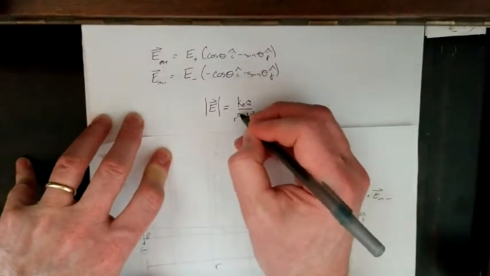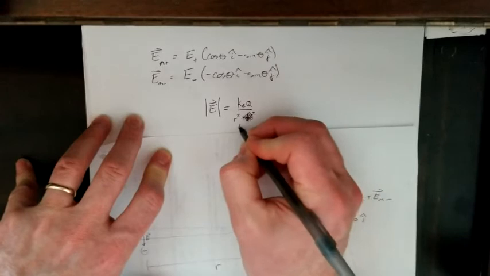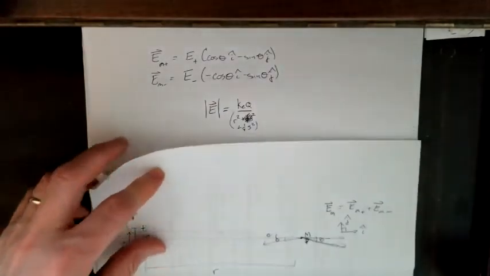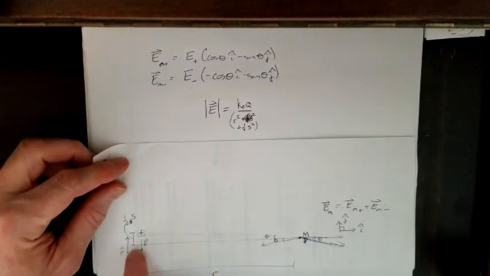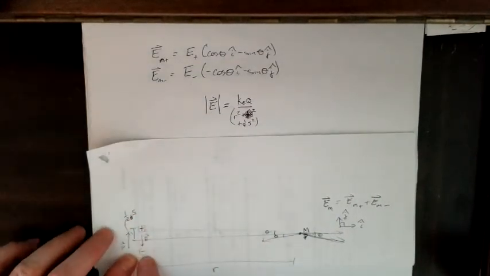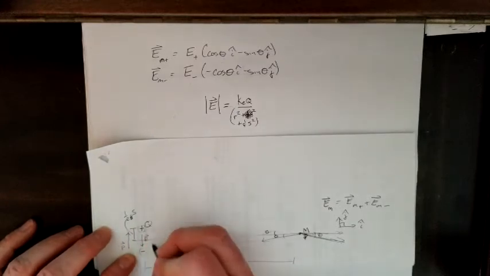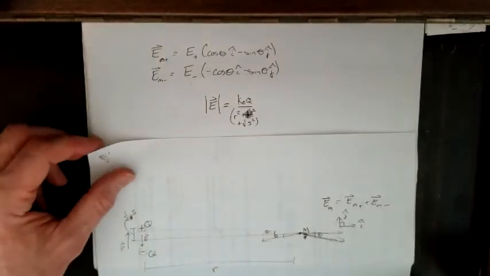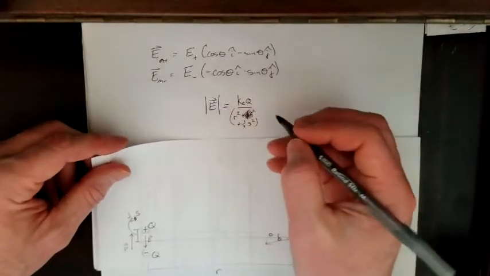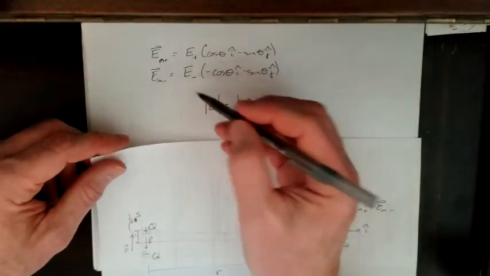And it's the same for either of them because they have the same magnitude. That's positive Q and that's negative Q. This is a dipole here. So this E is the same.